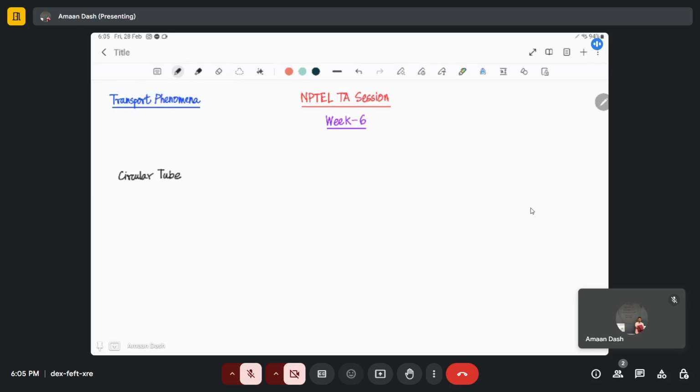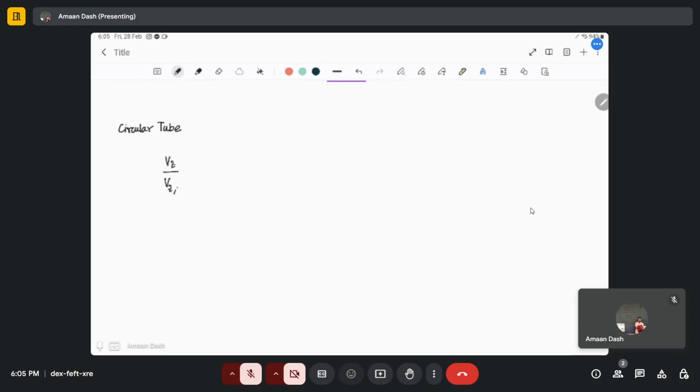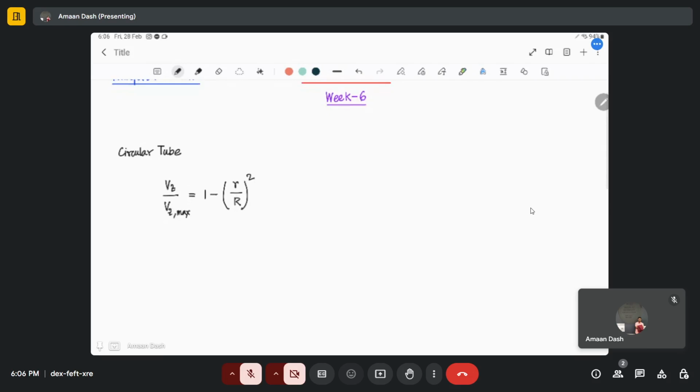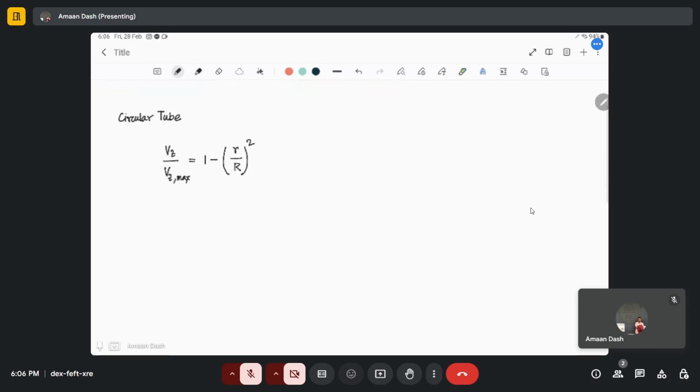We know that the velocity distribution we can write something like this, if you remember: Vz by Vz max is equal to 1 minus (r by R) squared. And if we take the average velocity by Vz max, that will come out to be 1 by 2.